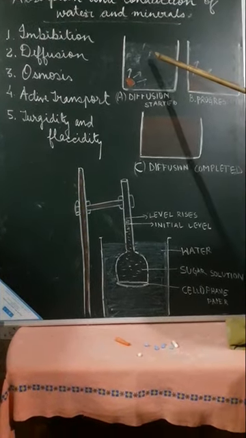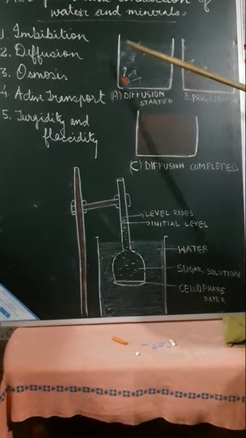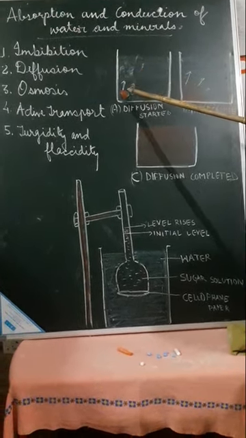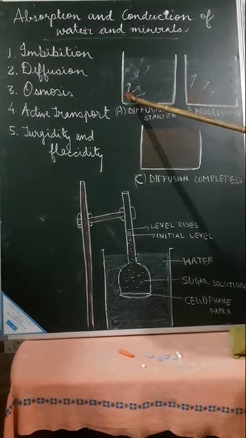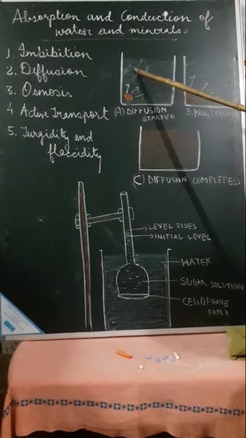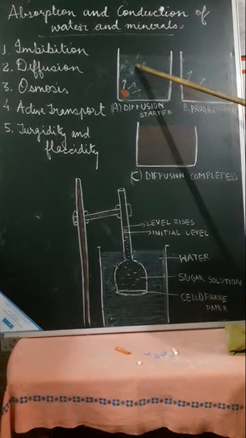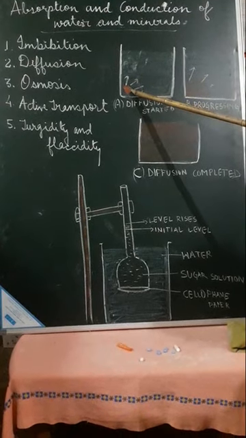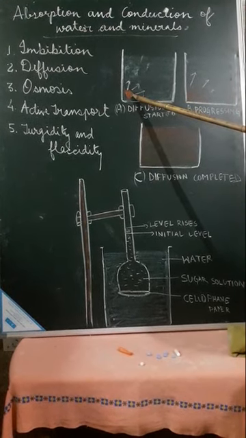Like here, one experiment is done on the basis of diffusion. Here this is the highly concentrated potassium permanganate and this is the plain water. So plain water is not concentrated, but this dye potassium permanganate is highly concentrated.